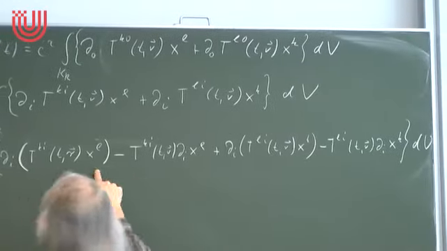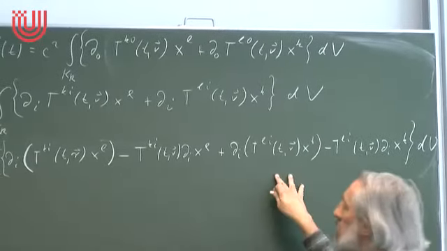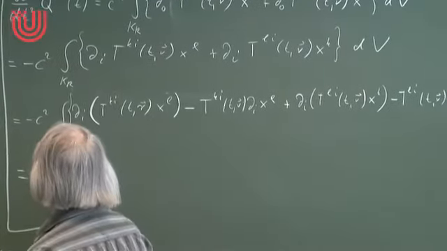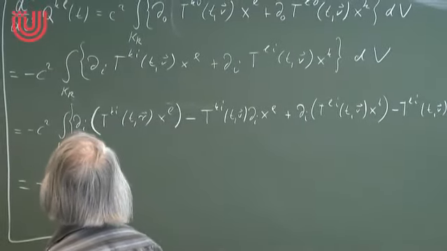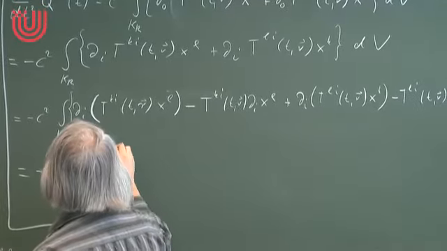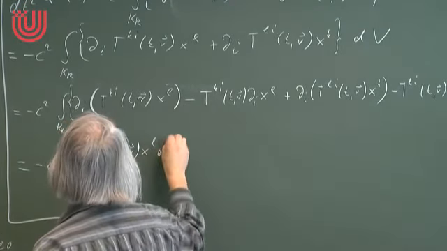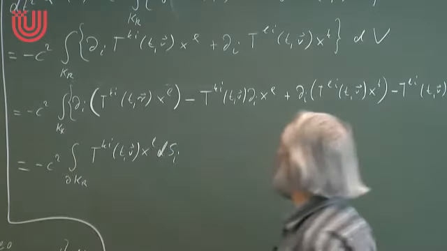So again, I use the Gauss theorem for this term and for this term, right? So then it becomes minus c squared integral over the boundary of k r t_ki t r x_l dS_i.